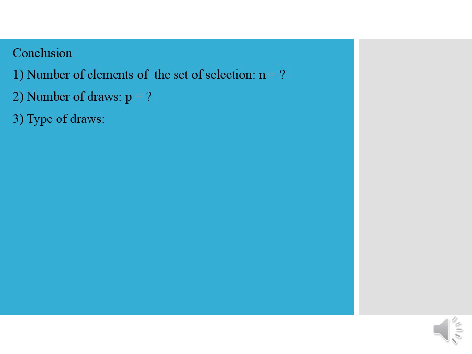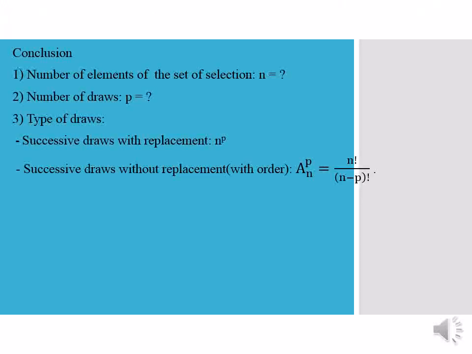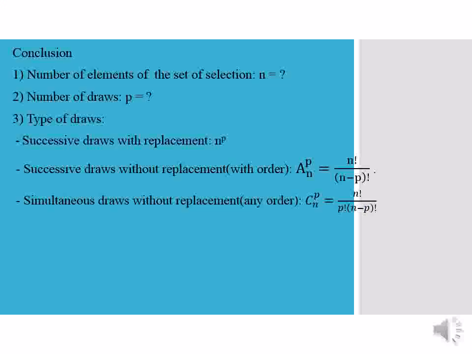Is it successive draws with replacement, which gives n power p possible outcomes, or successive draws without replacement, so the number of possible choices is A n p, or simultaneous draws without replacement with any order, C n p, which is equal to n factorial over p factorial (n minus p) factorial?